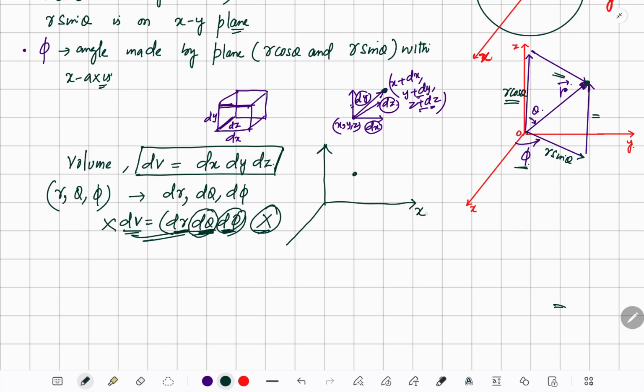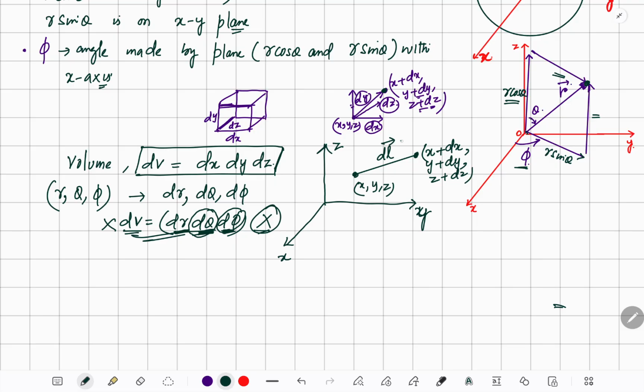Having coordinates x, y, z, you move a bit, a small dl. So the coordinates are x plus dx, y plus dy, z plus dz.